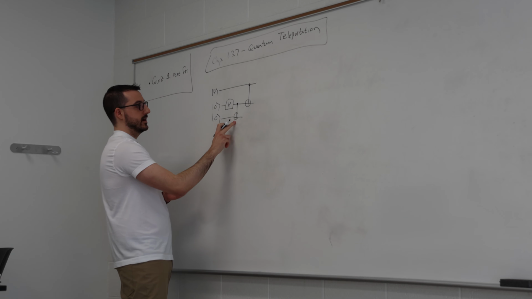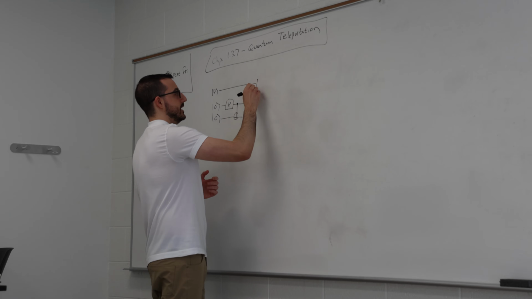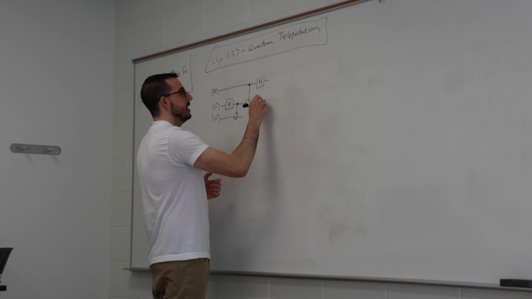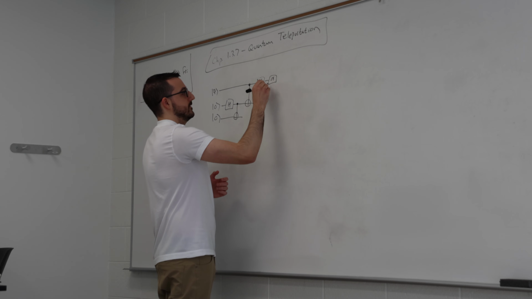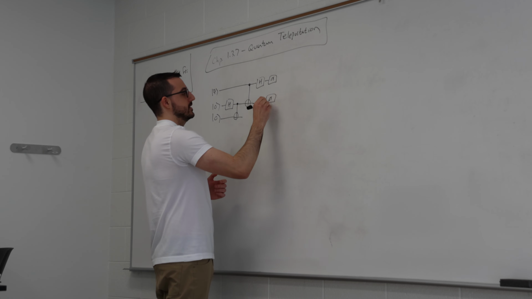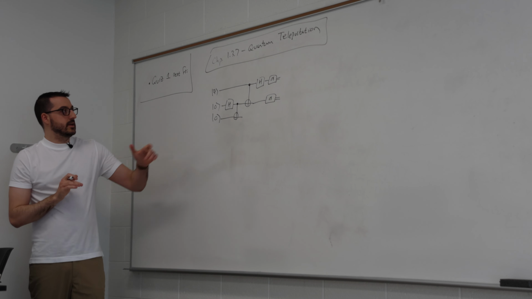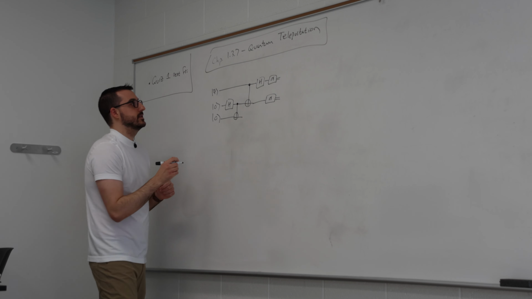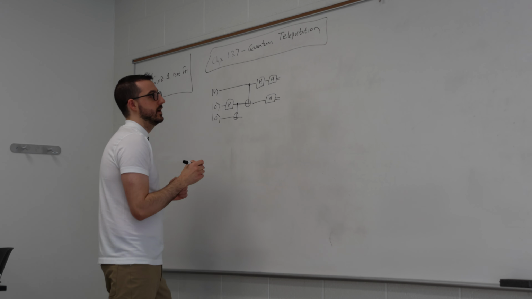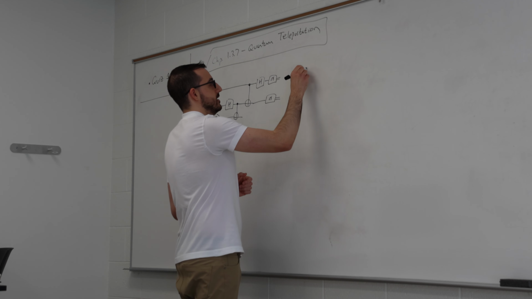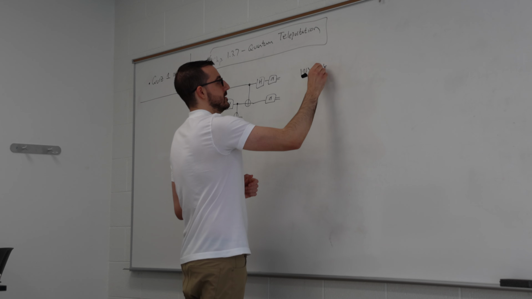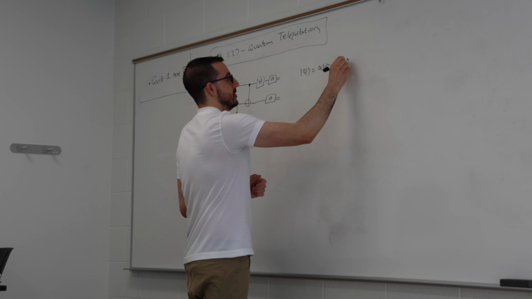So here is Hadamard C0. Now it's going to be C0 Hadamard. And then finally she's going to measure in the computational basis. This state, psi, is going to be the general state of a qubit, so we will write it as psi equals alpha 0 plus beta 1.